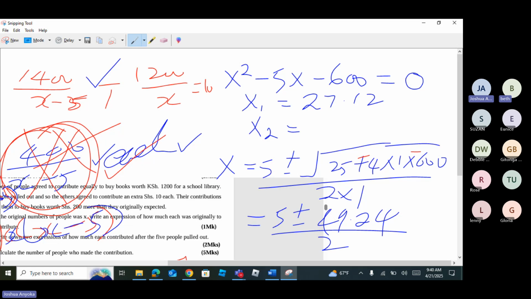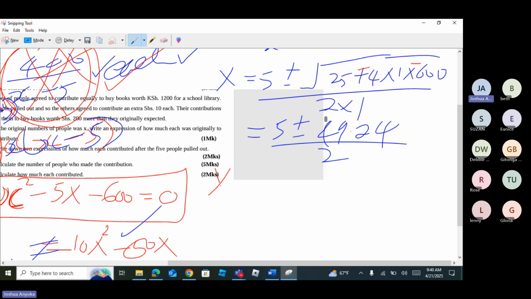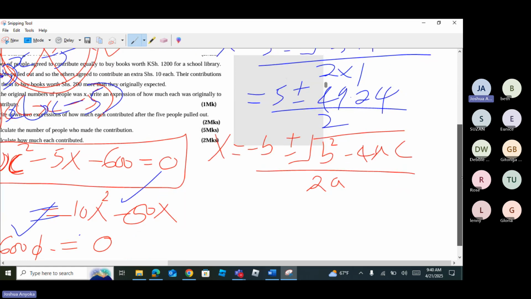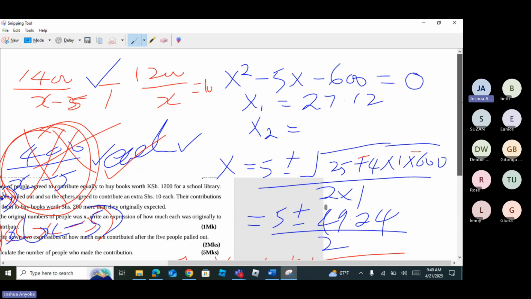Okay, let me address the quadratic formula. The quadratic formula says minus b plus or minus the root of b squared minus 4ac, divided by 2a. What are the values from our quadratic equation?